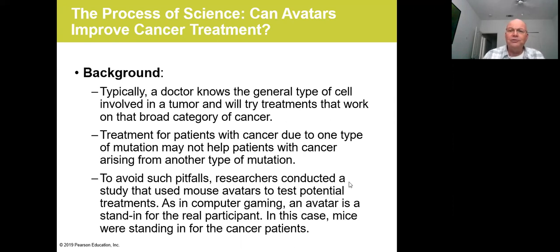So one of the ways that you can get around this issue of different versions of the same cancer responding to different types of drugs is to actually test it out in a mouse model. And there have been mice developed that lack an immune system. These are hairless mice. They've been created specifically to lack an immune system, which means that when you add human cancer cells under the skin of these mice, those cancer cells begin to grow.